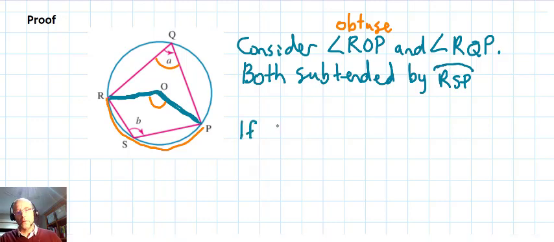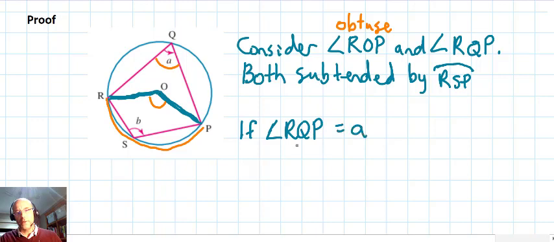Now if angle RQP equals some value A, as you can see in the diagram, then by theorem 1, see my previous video for that one, the angle subtended at the center is twice the angle at the circumference when they share the same arc.